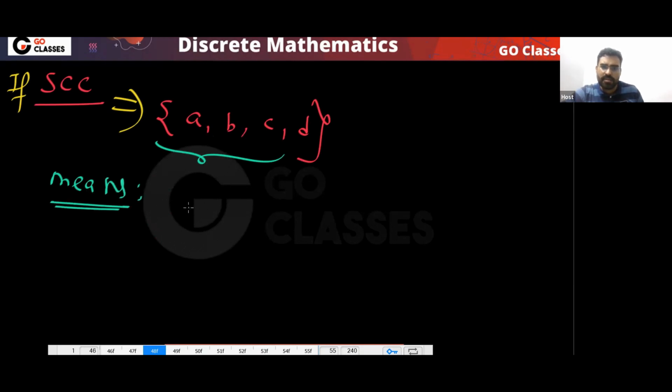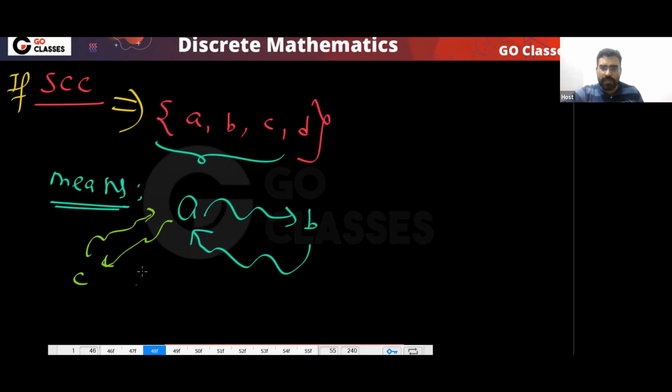It simply means there is a path from A to B, and there is a path from B to A. Similarly, there is a path from A to C, and from C to A. Similarly, there is a path from B to C and from C to B. And similarly, there is a path from C to D and from D to C.